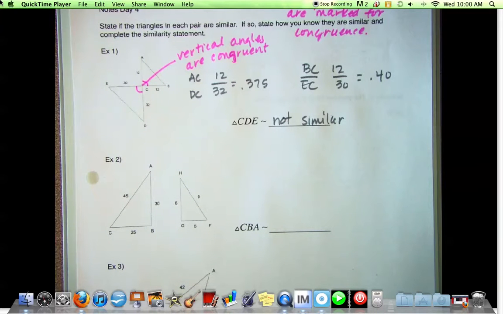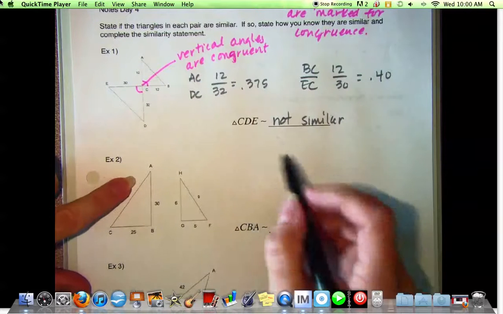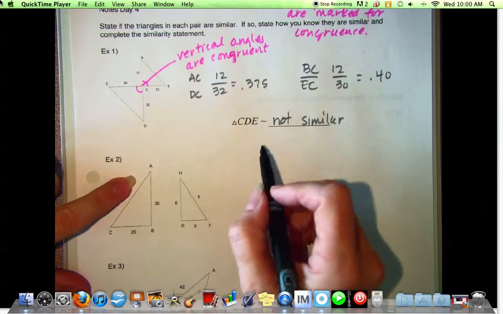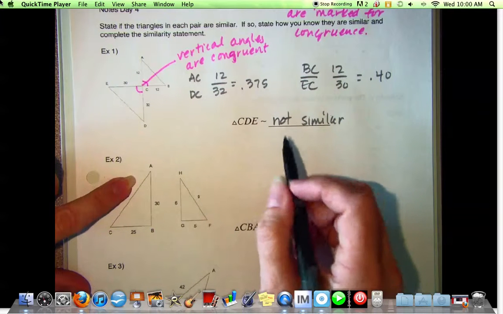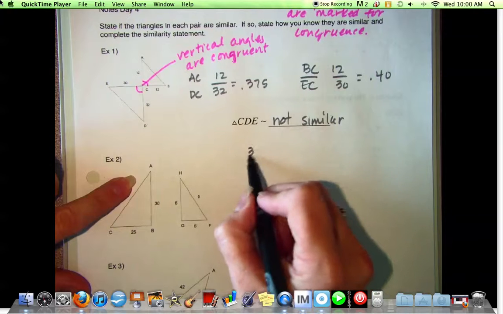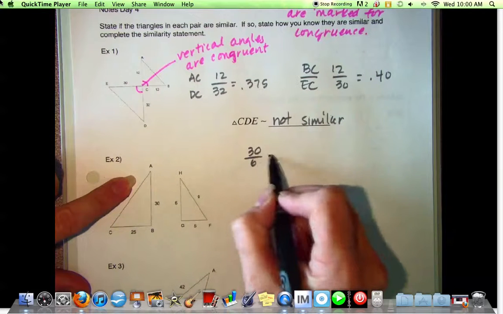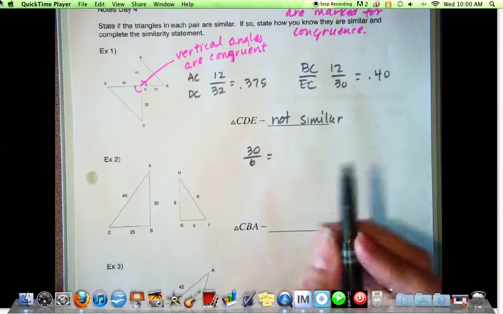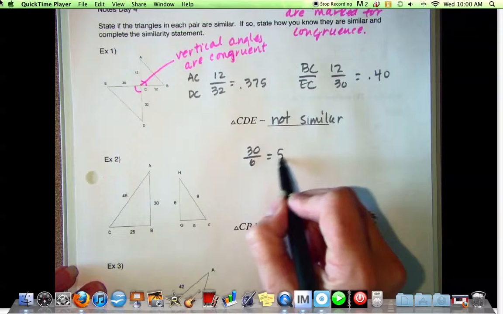What's given to us? Side lengths. Okay, so now we want to check to see if our sides have a similar scale factor. So side AB is similar to what length on the other triangle? HG. Okay, so 30 to 6 gives us a scale factor of 5.